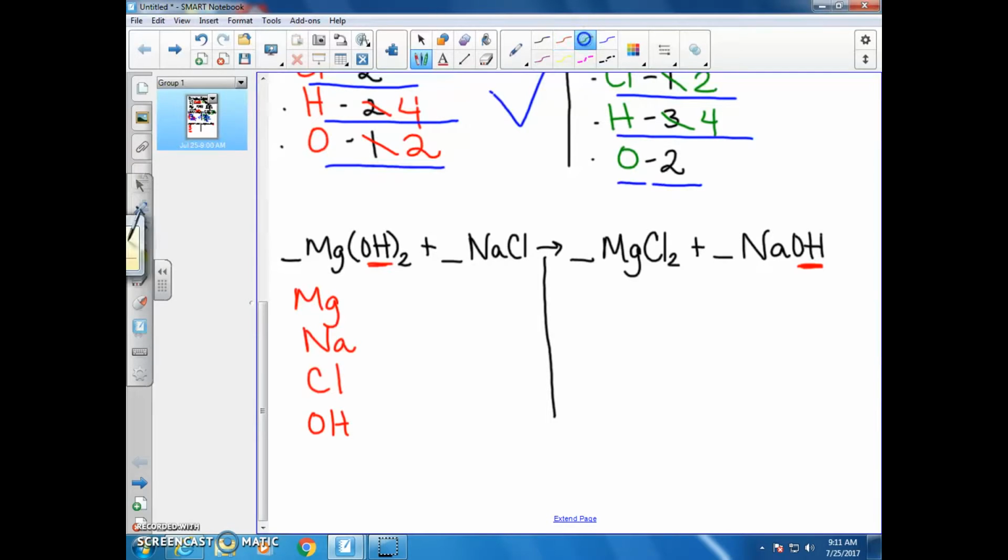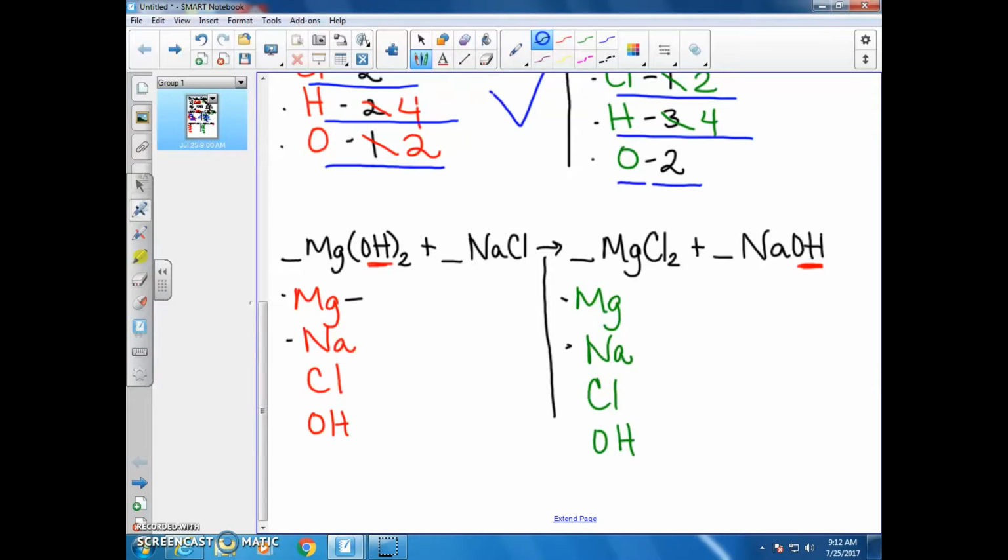On the other side, we have Mg, we have Na, we have Cl, and we have OH. If you notice, I put all of my elements across from each other so they're easier to see. Notice that I have Mg as the first one, and then I have Na as the second one, and so on and so forth. It's just easier for your eyes to see that and make sure that you've got it balanced.